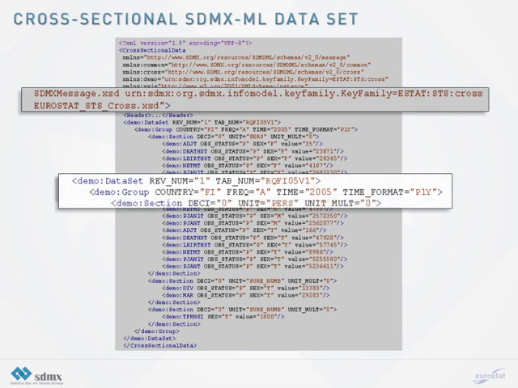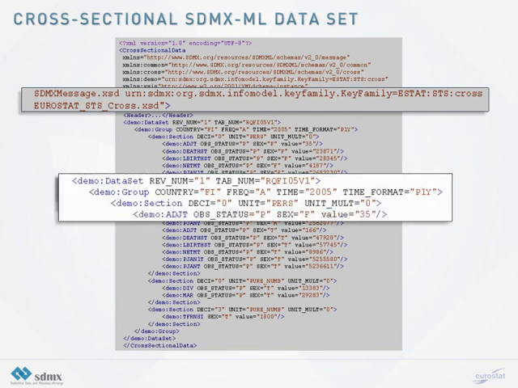The section element replaces the series element in the sense that it does not include a time series, but a section representing a vertical slice across several time series. The observation values are now included at the fourth level in DSD-specific cross-sectional measures.